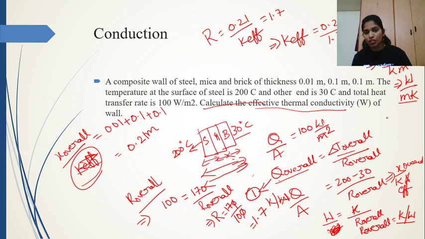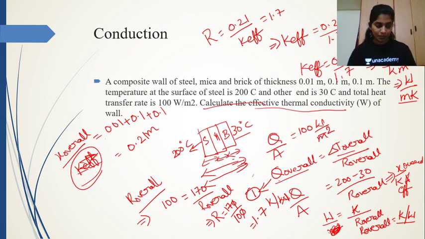So these are the units of thermal conductivity. So K effective will be 0.21 by 1.7 watts per meter Kelvin.